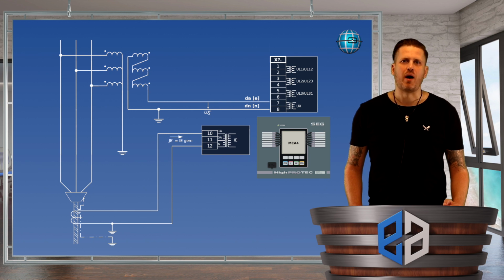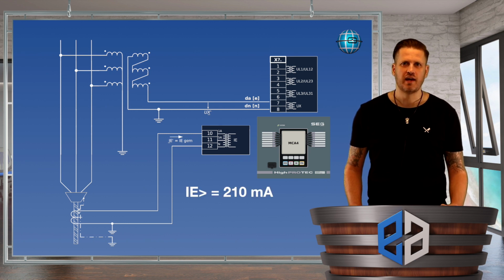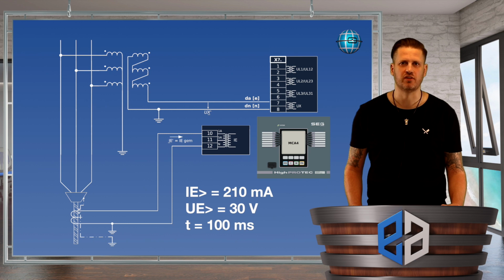We have parameterized the protection function itself with a current setting value of 210 milliamps and a typical voltage setting value of 30 volts. The delay of the timer is 100 milliseconds and the sinus phi method is activated.